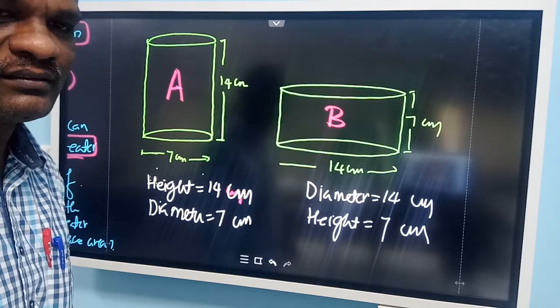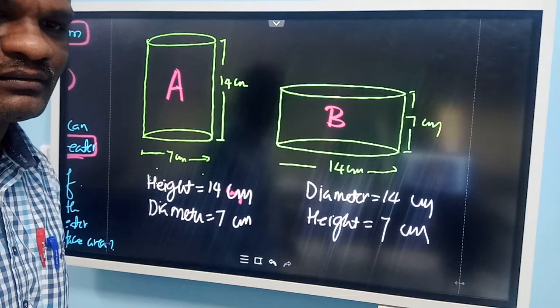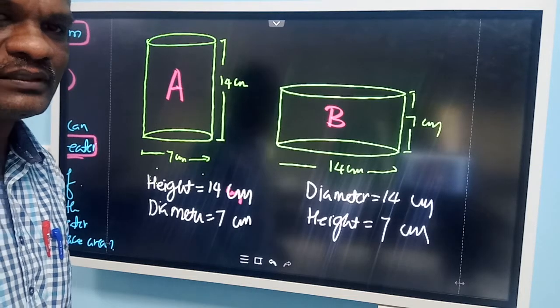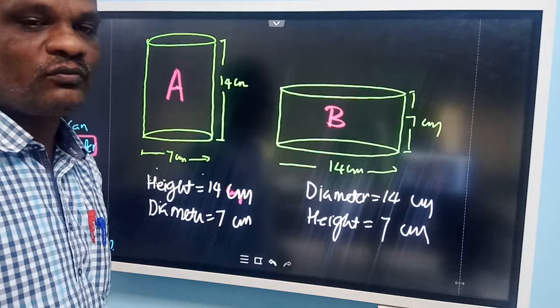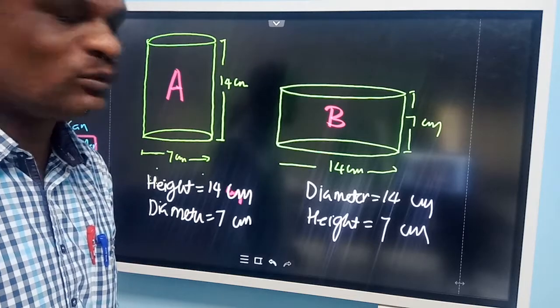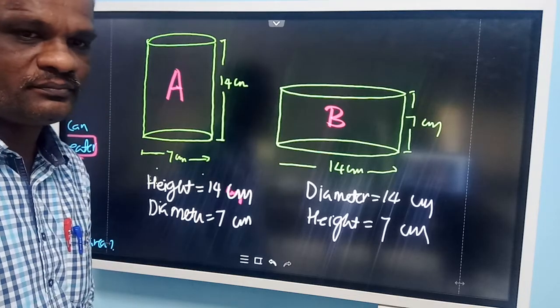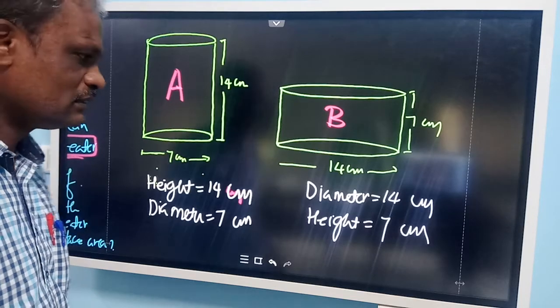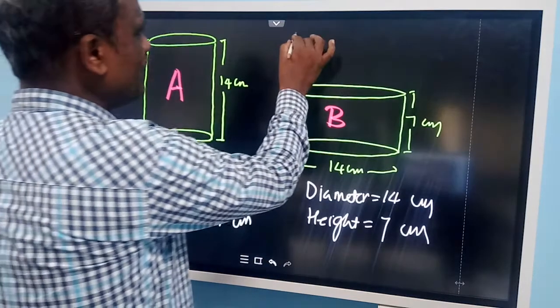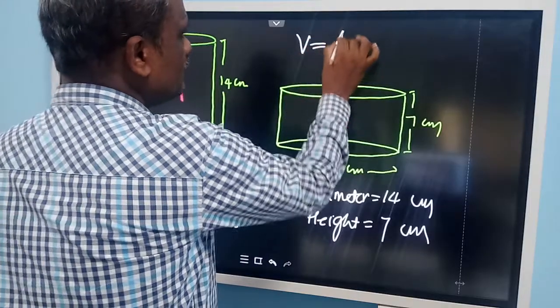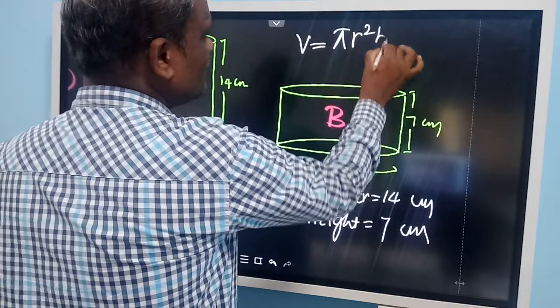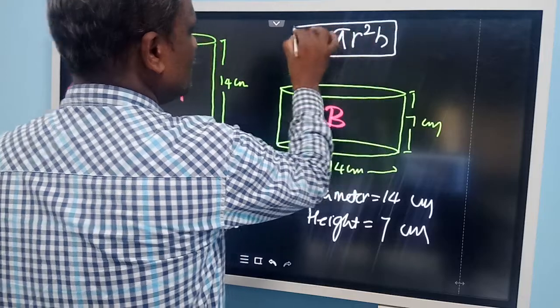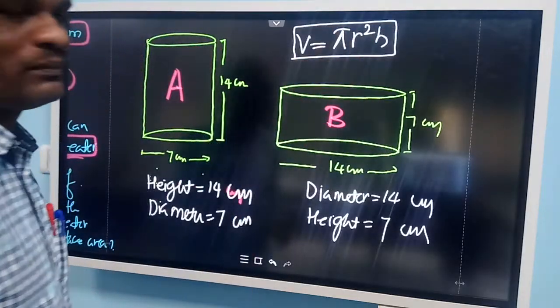Sir, diameter is greater in B, sir. So B has more volume. Why does B have more volume? Sir, its radius is more, no, sir. Yes. Look at this. What is the formula to find out the volume? It is pi r square h. Here r square will come.